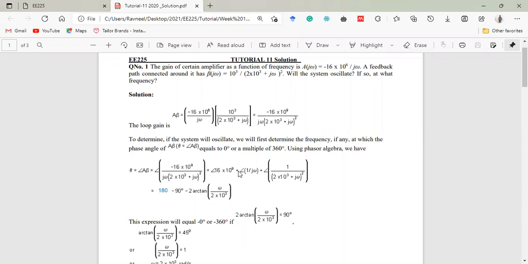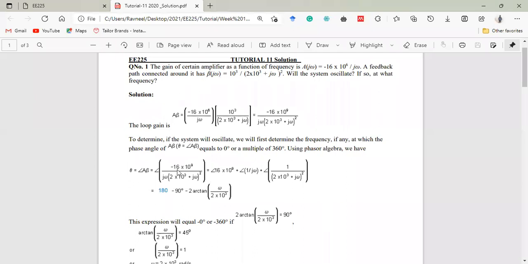Then we can break this up. 1 upon j omega could be separated, so that will be plus the angle of 1 upon j omega, and we can factor this, and then it will be plus the angle of 1 upon 2 times 10 to the power of 3 plus j omega, whole thing squared.